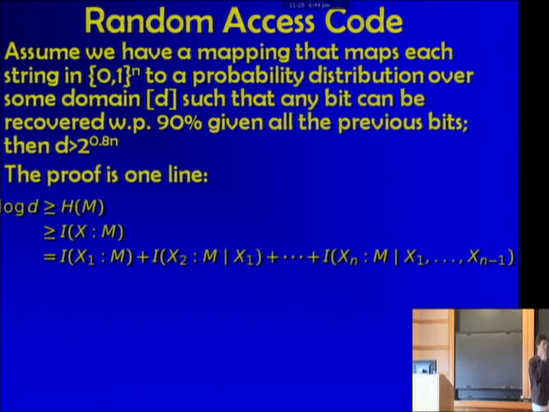It seems like using mutual information actually makes it a little harder to understand. You could just look at the random variable that tells you whether your predictions are correct for every bit. This random variable has expected Hamming weight 0.9, so it can't have more than about h of 0.9 times n bits of entropy.